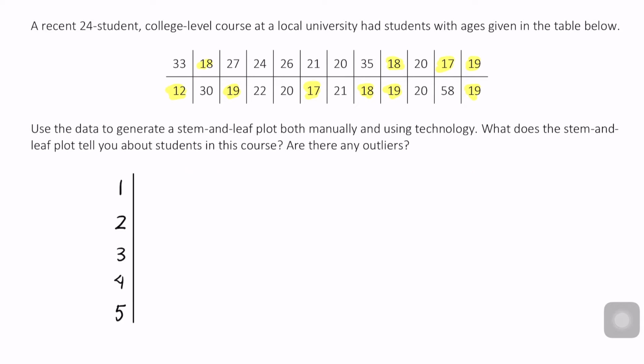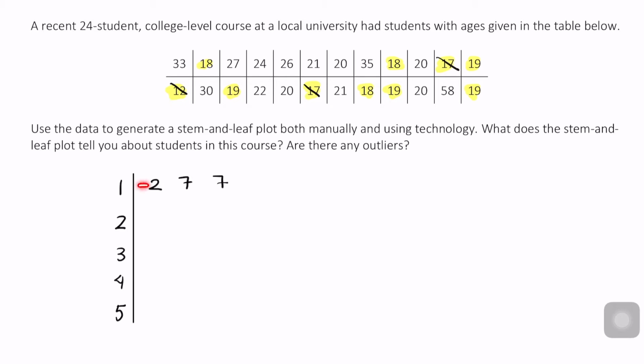Additionally, leave even spacing between your numbers. You'll see why soon. So the smallest number is 12. So I will go ahead and write a 2 here. That means there's a student that is 12 in this college level course. That is very young. The next smallest number is 17, and there are two 17s. So I'm going to write 7, 7.